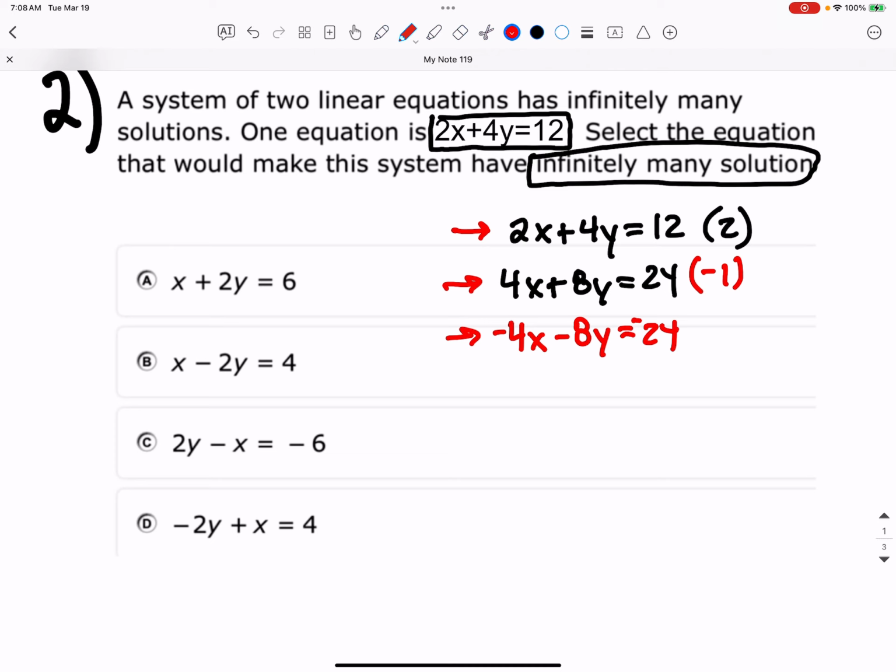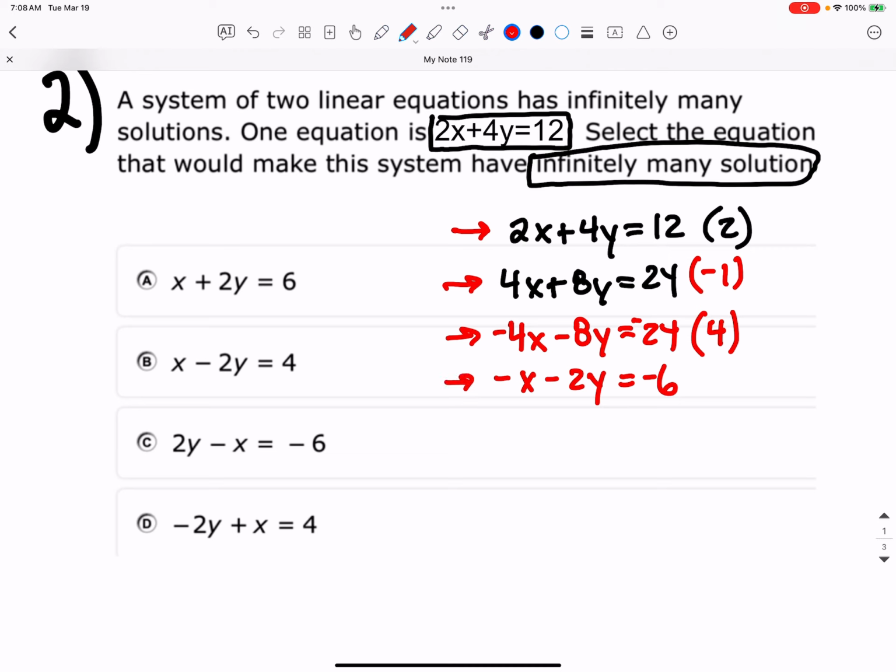Yeah, I could divide this one by 4, and say x plus 2y equals 6. So as long as you do it to the whole equation, you can change the equation.